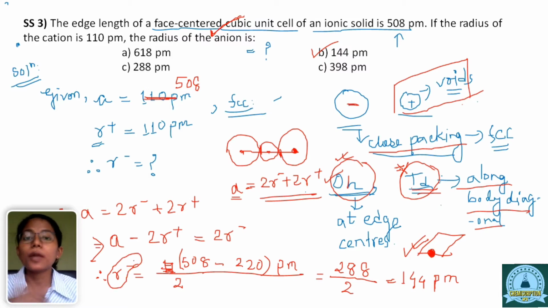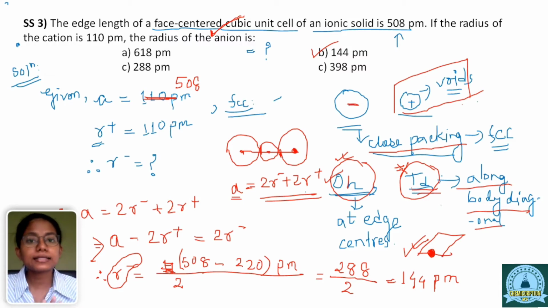The only place you can get confused is whether they occupy the octahedral or the tetrahedral void, because tetrahedral voids are along the body diagonal, and only in the case of a BCC structure do the atoms along the body diagonal touch each other, not in other cases. Therefore, we are not going to consider that part.